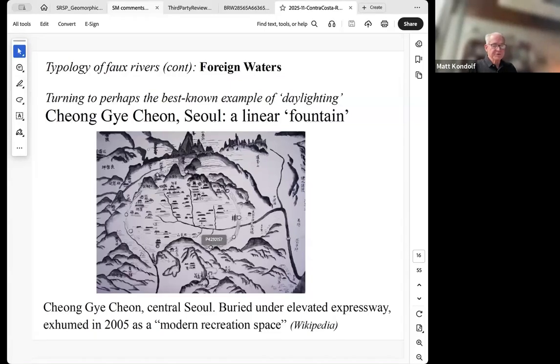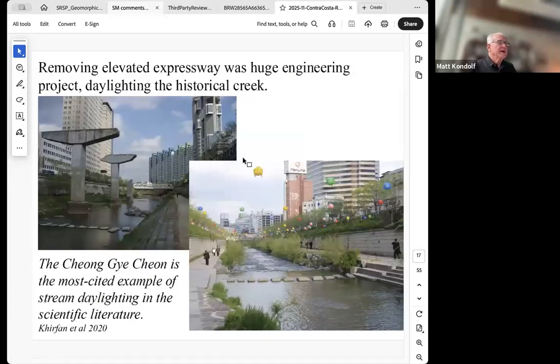That started off just as a surface street, and then they added an elevated expressway on top of it. So it was quite transformed. And it was that way for, let's say, 30 or 40 years.